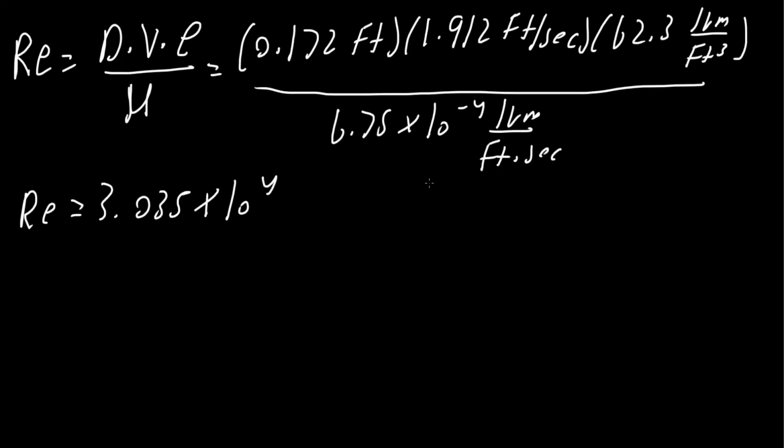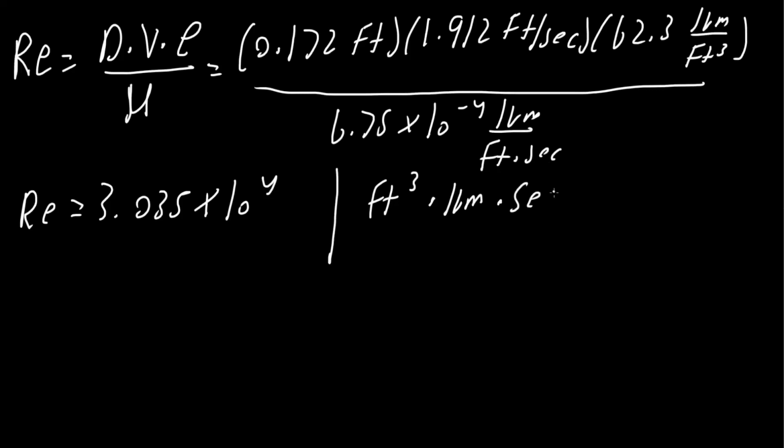Now we need to check our units, because Reynolds number should be dimensionless. If it's not dimensionless, we must have done something wrong or we need to do further conversions. So let's check. Feet times feet gives us feet squared. Now this is being divided by, so it goes to the numerator, so we have feet cubed in the numerator. We have pound mass times seconds in the numerator.